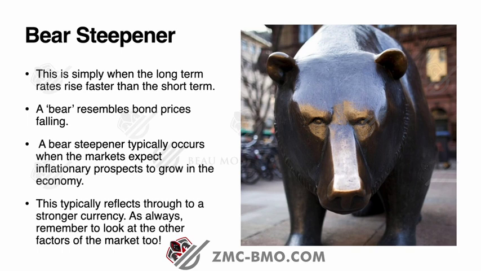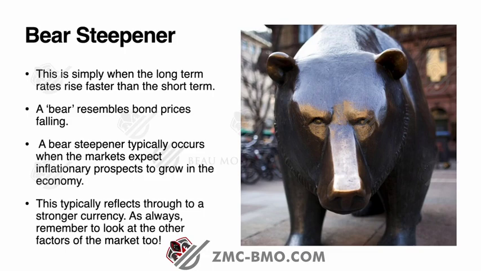However, if you're seeing this bear steepener occur, inflationary pressures rise, but the actual economy is contracting, that wouldn't be very positive for the currency. That would actually be seen as negative, because it would create that stagflation sort of environment. So it's always important to fall back to what the underlying reason is.